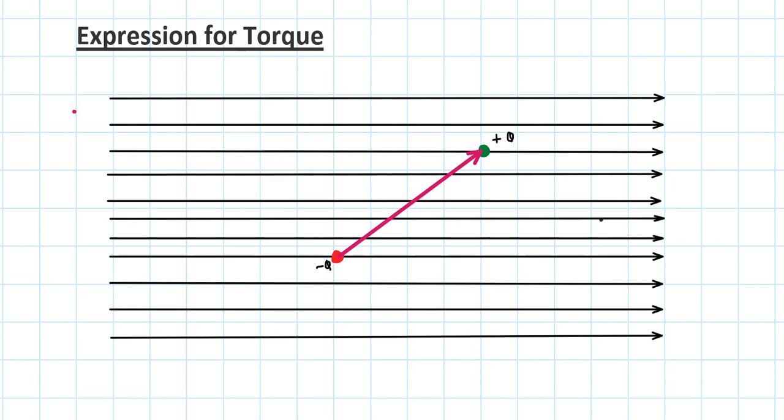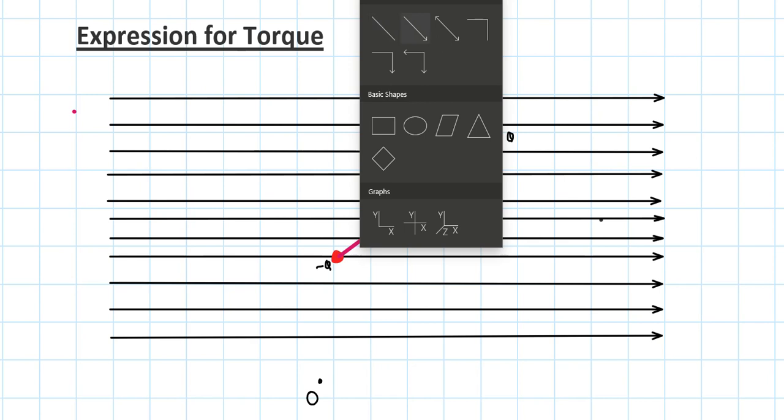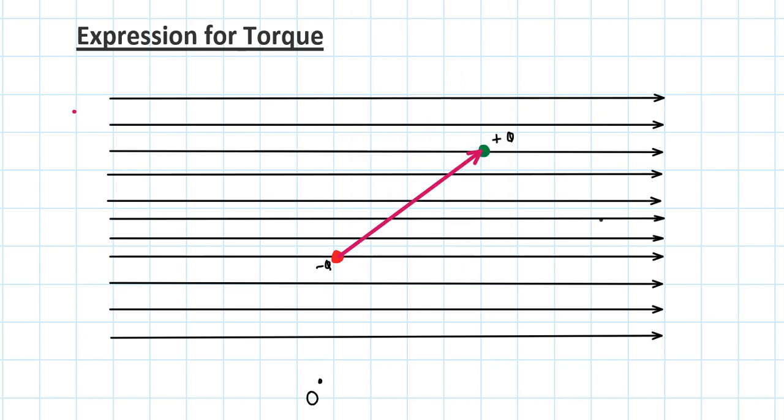All right, now view it from some external point O. When you are viewing it from some external point O, I can mark the position of the minus q charge.